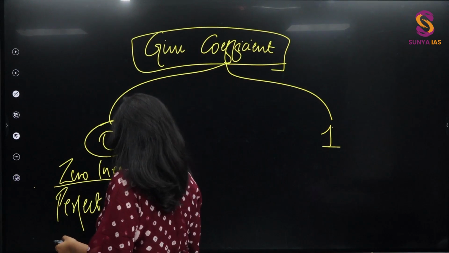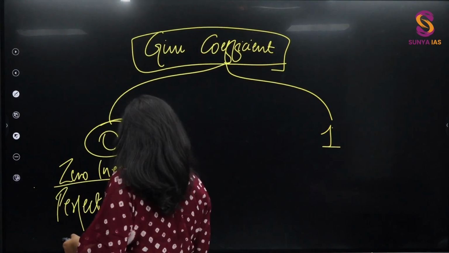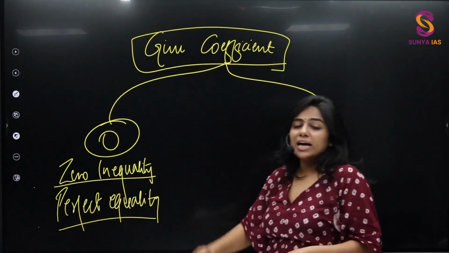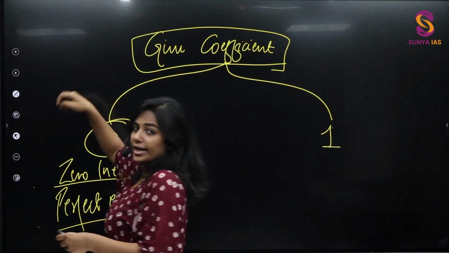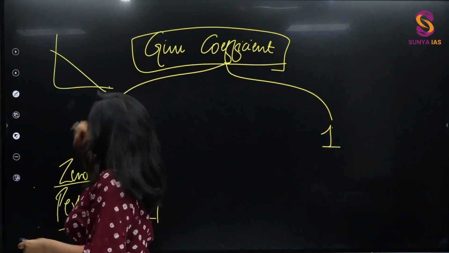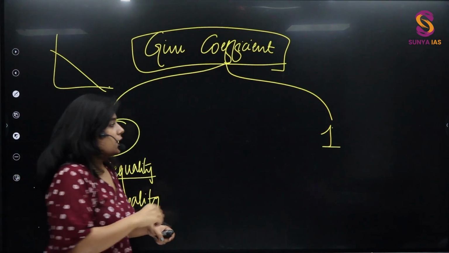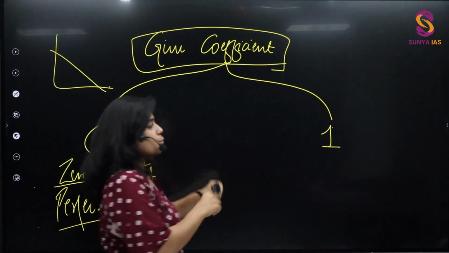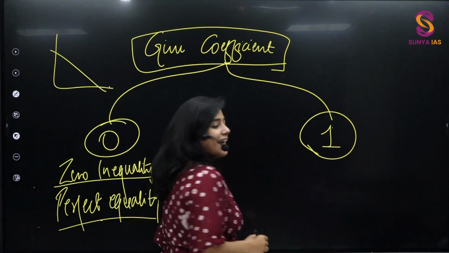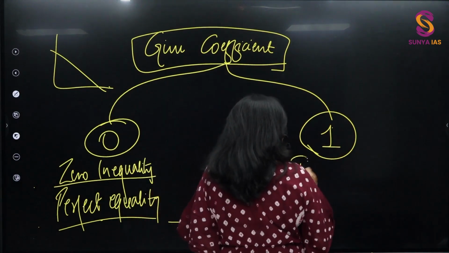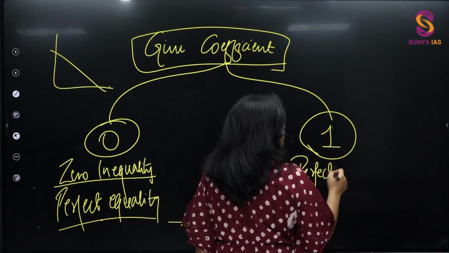Everyone is equal. So this is the situation wherein we are lying on that line that I told you, the perfect equality line. If the Gini coefficient is 1, that is perfect inequality, maximum inequality.